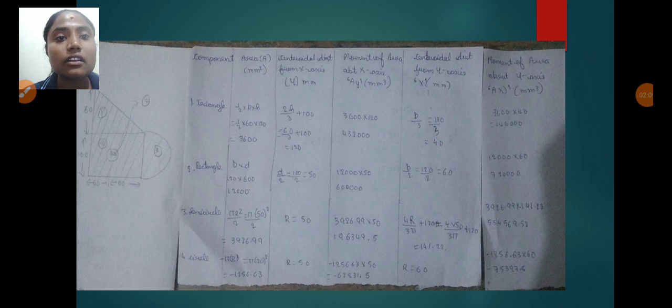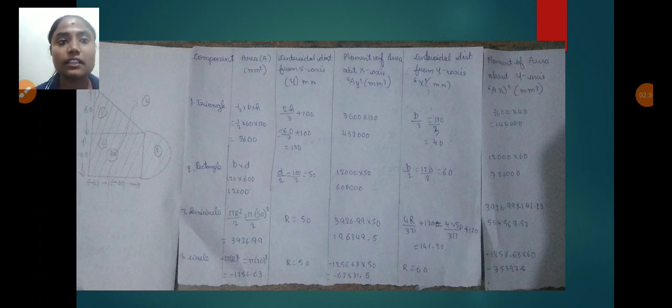Because it is located in the center of the rectangle. From all these three components we will subtract this circle, because we need to find the unshaded area of this. The other three are shaded, this part is not shaded. We should find the unshaded part of this, which is the circle. Now let us try to solve this.